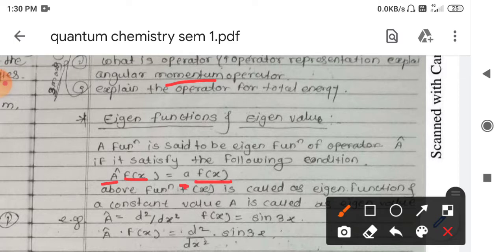The function is said to be an eigenfunction if it satisfies the following condition: my operator A cap operating on a function, say f of x, gives the same function multiplied by a certain constant. That constant is called the eigenvalue of the given function.